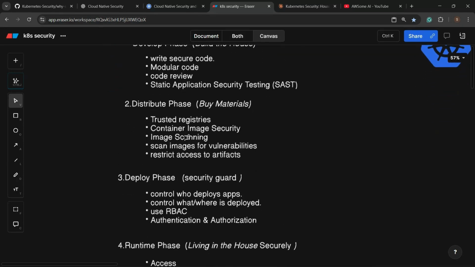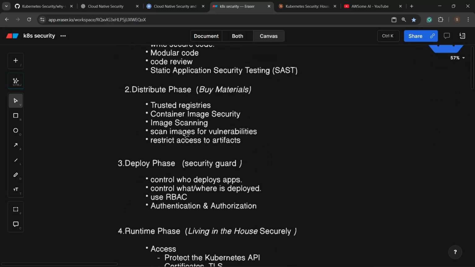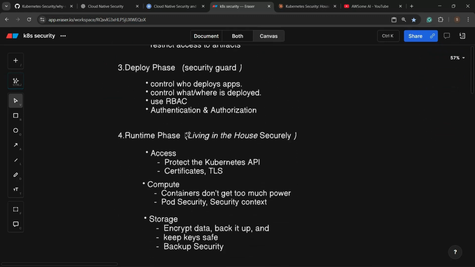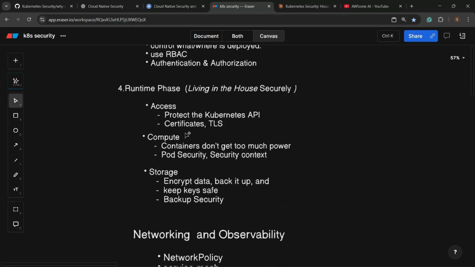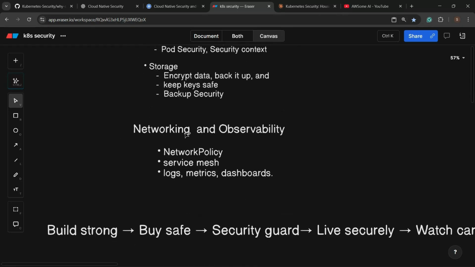Next is deploy phase, which is using role-based access control, using authentication and authorization: who has what access. Next is runtime phase, securing your API server, not giving your containers root level access, and securing your storage, that is etcd. And next is networking, using network policy for internal communication, and observability for logs, metrics, and dashboards.